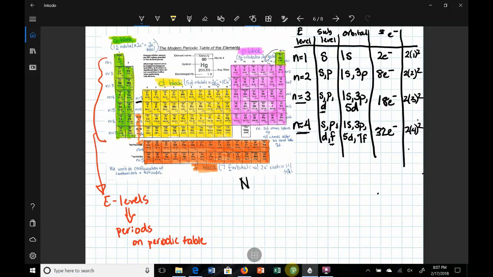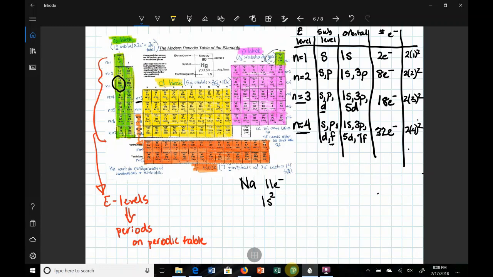Let's look at sodium. It has 11 electrons because its atomic number is 11. We can write our electron configuration based on the periodic table. Counting our electrons, we have two s electrons in the first energy level.